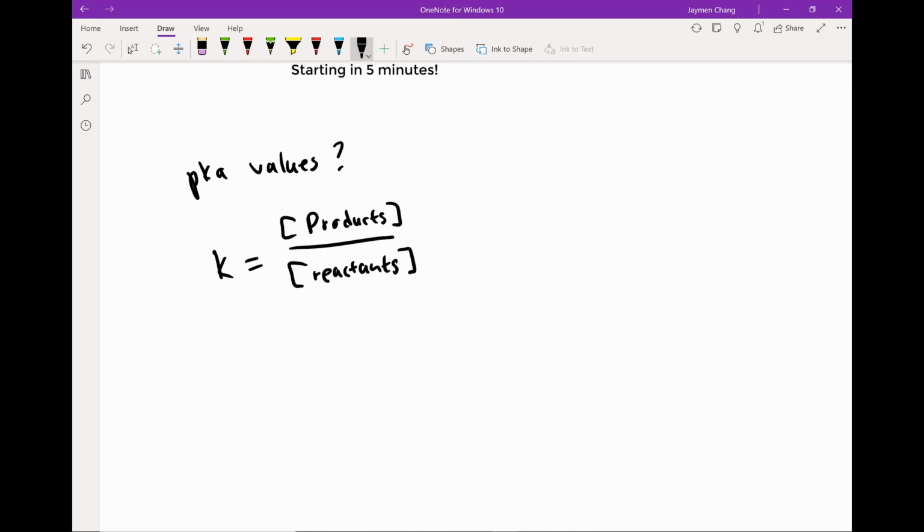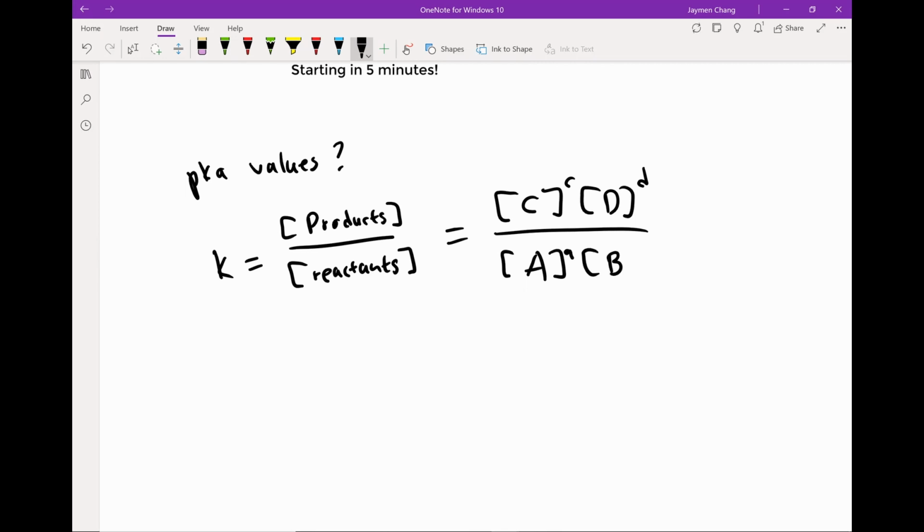Now we can have our equation here with the concentrations, and it'll look something like this. And this is if we have an equation aA plus bB goes to the products cC and dD.